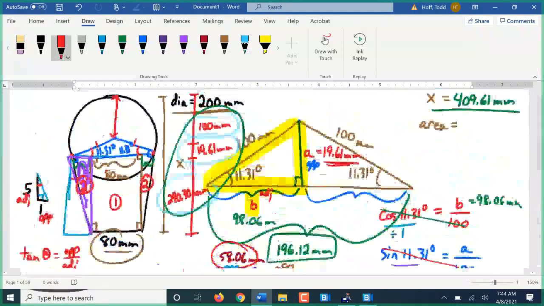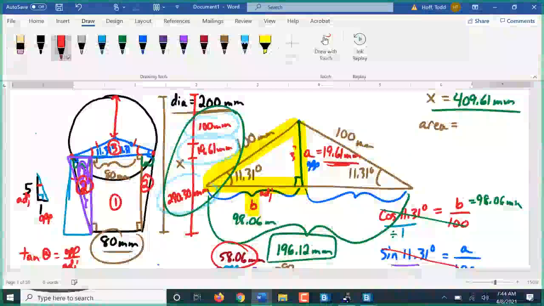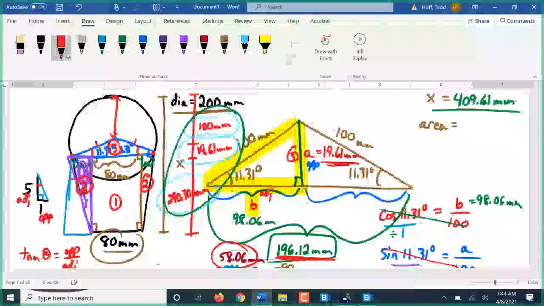Next, we have this triangle here, which is just this one over here. It has a base of 196.12 times the 19.61.